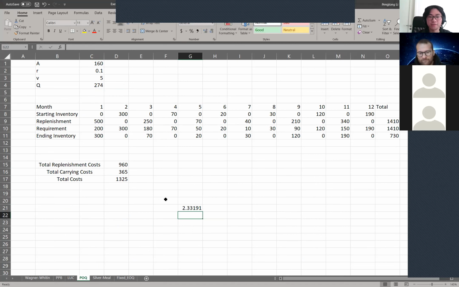And then we get the number 2.33, and its nearest integer is 2. So we use 2. And as you can see, we're supplying 2 months at a time. So we are supplying 6 times in total, and the total cost is calculated here.